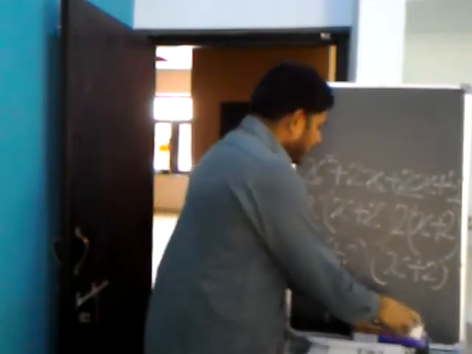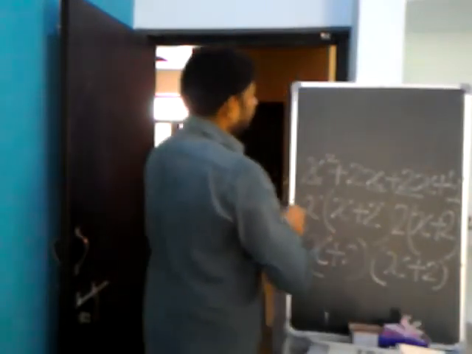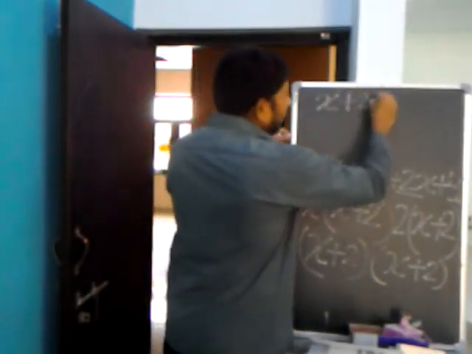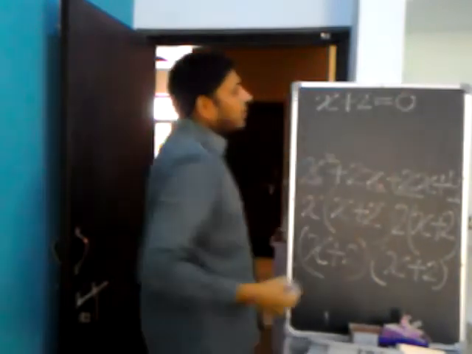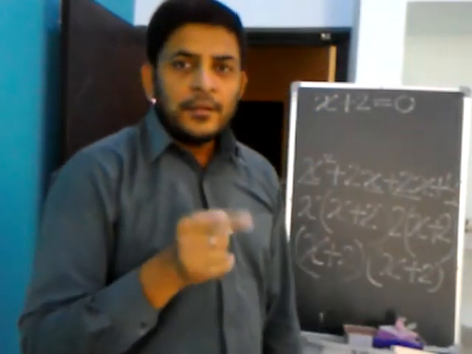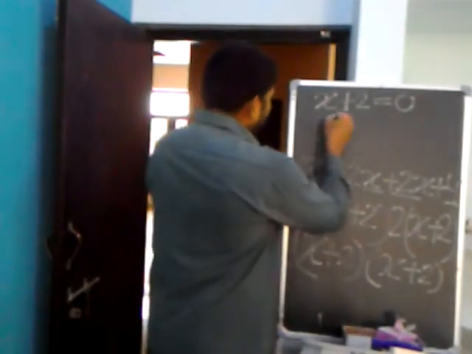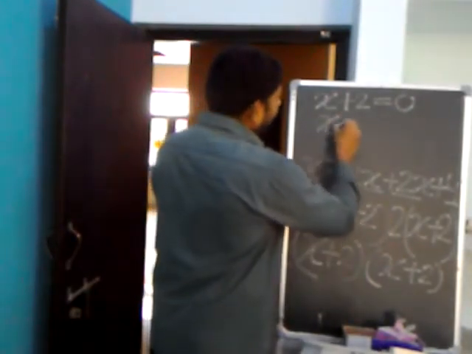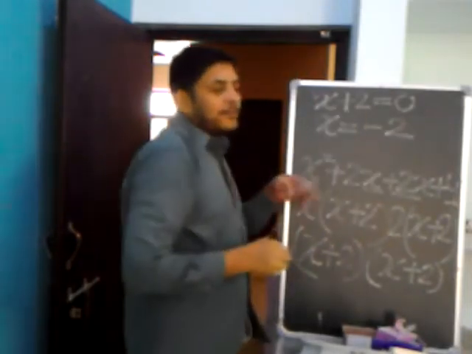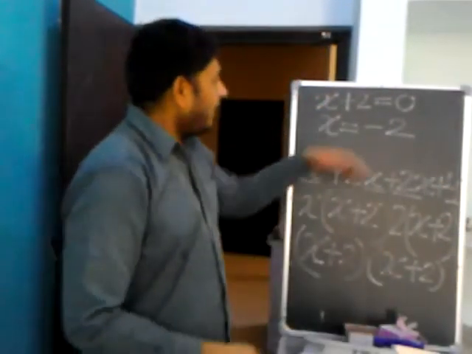In class 9, we have done one more thing. We know that every factor is equal to 0, because the value of the polynomial is 0. So, on transposition, x is equal to minus 2, because the plus sign changes by the rules of transposition and becomes minus 2.